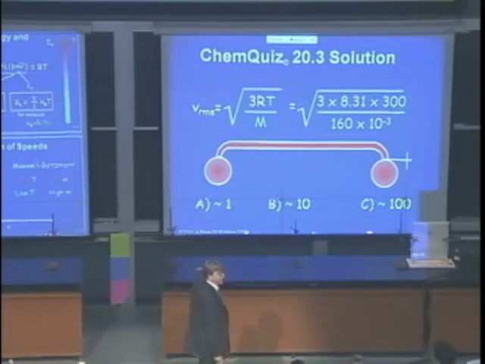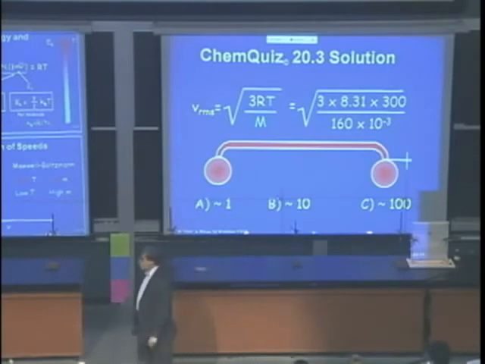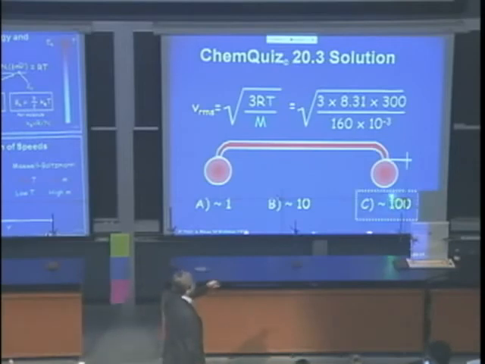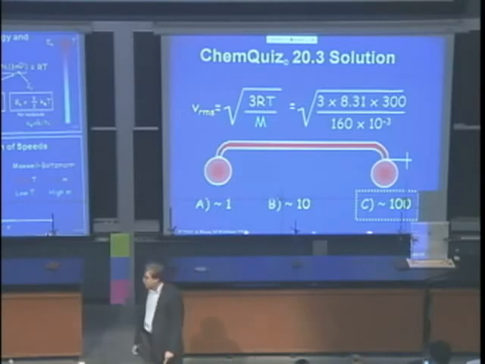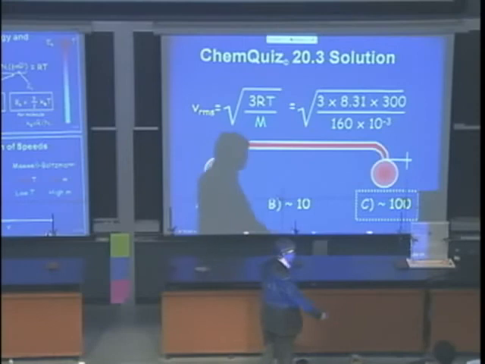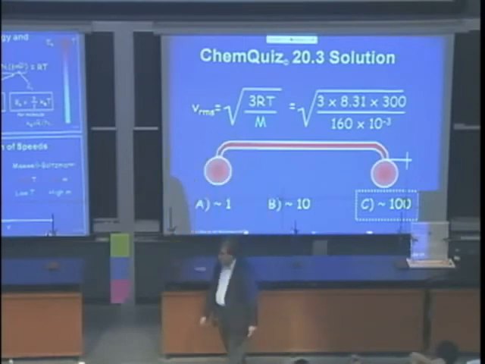Times 3, about 45,000. Anybody can punch in what the square root of 45,000 is? 212, actually, and the exact number is 216 meters per second. So this was the closest and most right answer. So these gases are tremendously fast, all right, even at room temperature. And they're getting faster as the temperature goes higher.